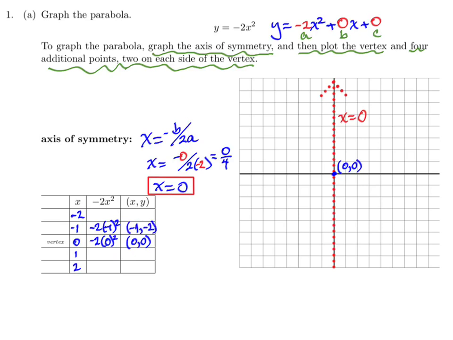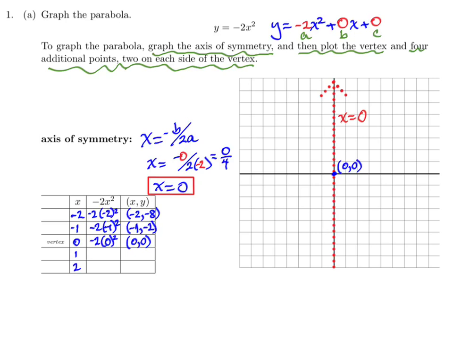So the coordinates of that point are negative 1, comma, negative 2. Now if I plug in negative 2, I get negative 2 times negative 2 squared, so that's negative 2 times positive 4, which is negative 8. So that means the point is negative 2, comma, negative 8.